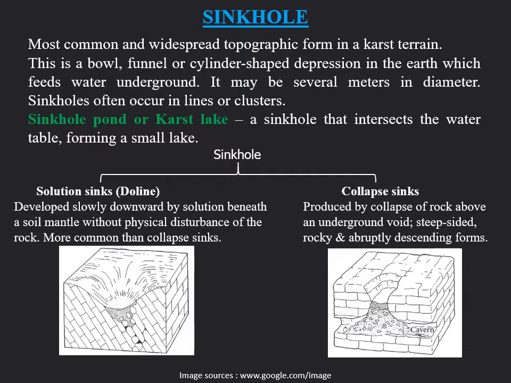Now this type of solution depression is known as a sinkhole, or sometimes also known as a swallow hole. These types of sinkholes are mainly divided into two groups or two classes.